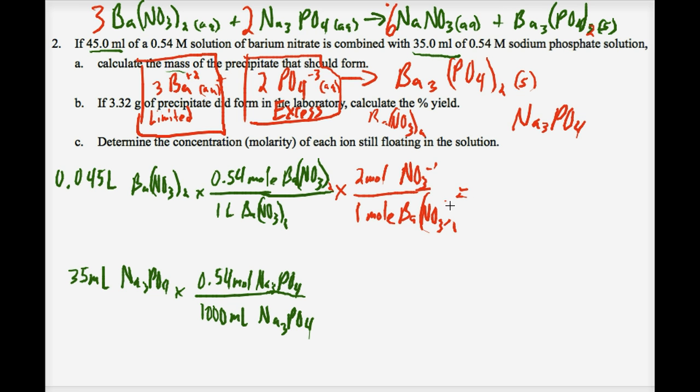I will say that that's never happened before, but you can choose not to believe me if you wish. Okay, so we have our moles of nitrate. That's one of the ions still floating in solution.